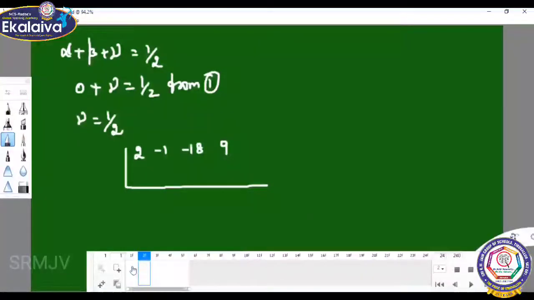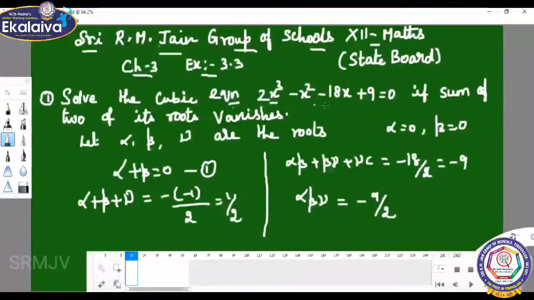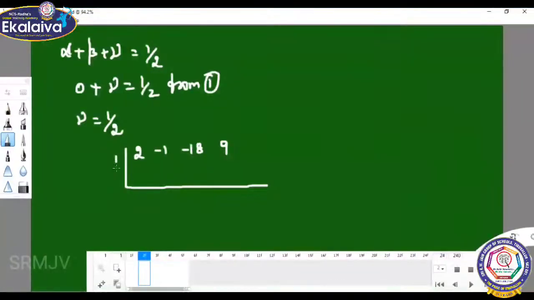You check it once. Divide by the gamma value, which is 1 by 2.